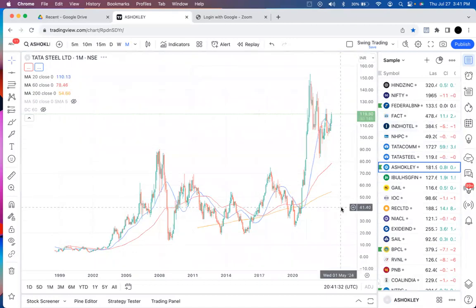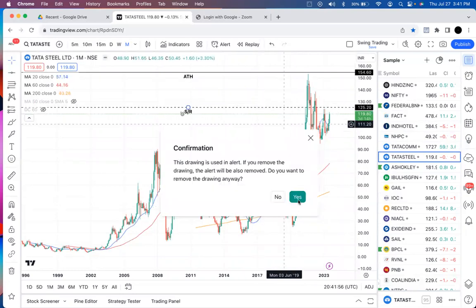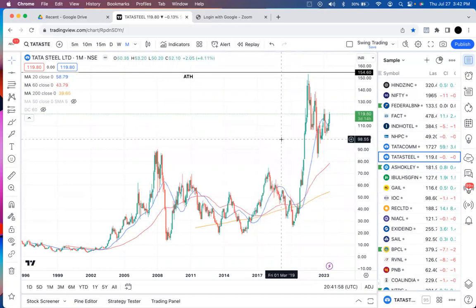Let me go back to Tata Steel and make sure that the all-time high is recorded, because the all-time high is commonly a powerful resistance level. Yes, it is drawn. Let me get rid of the extra support resistance lines. Tata Steel looks good.